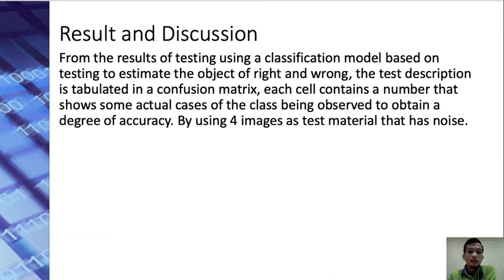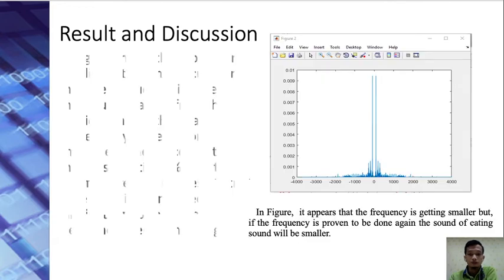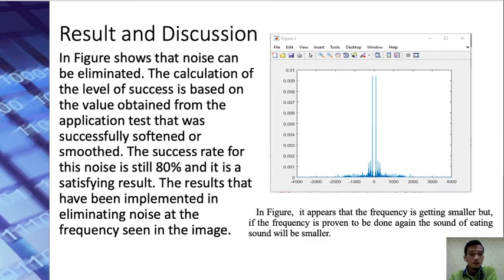From research testing using a classification model, the test estimates whether the object is right or wrong. The test description is tabulated in the confusion matrix. Each cell contains a number that shows some actual cases of the class being observed, to obtain a degree of accuracy, using four images with noise as test material. The figure shows that the noise can be eliminated.